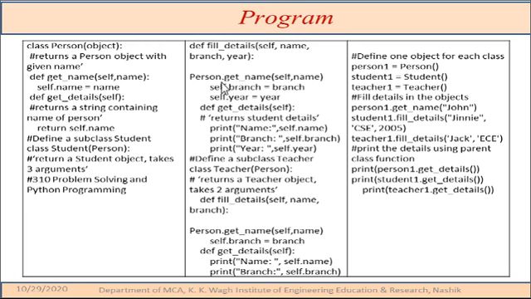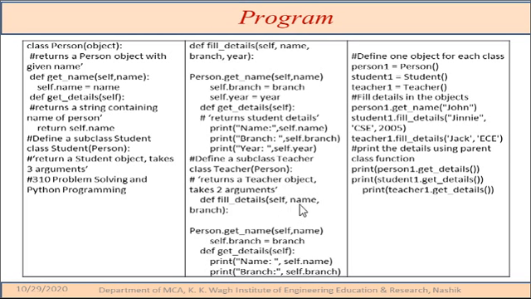Now when I want to call the person dot get name method, I can give the details here for the person class, whereas the second child class is prepared here as a teacher. In that teacher again I have taken one method called fill details.